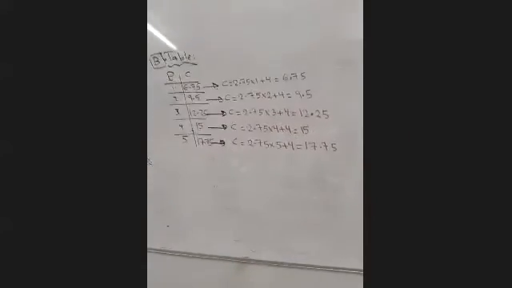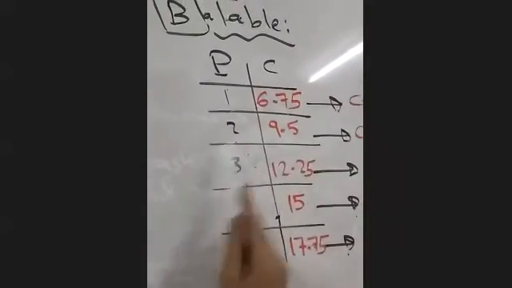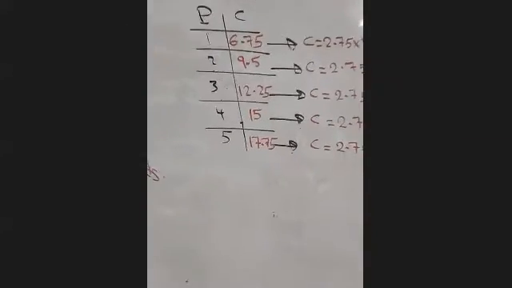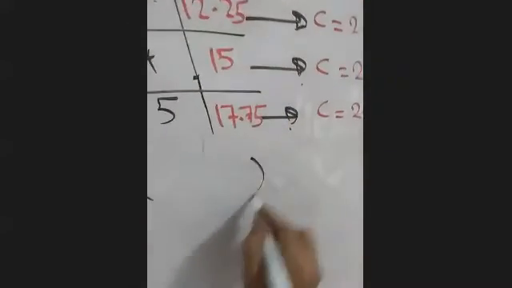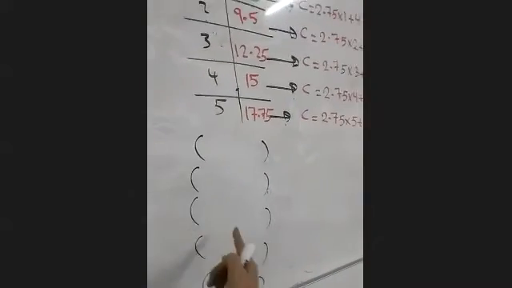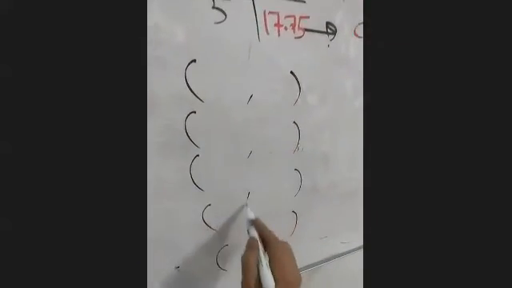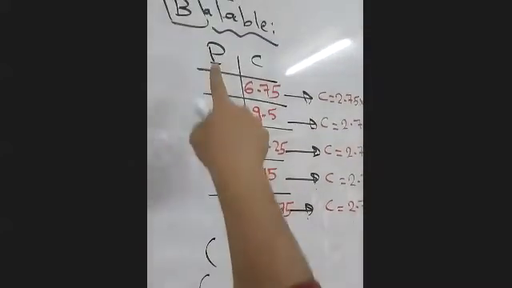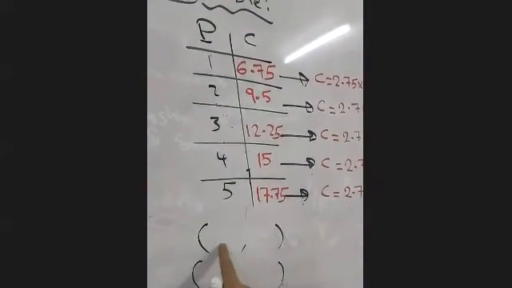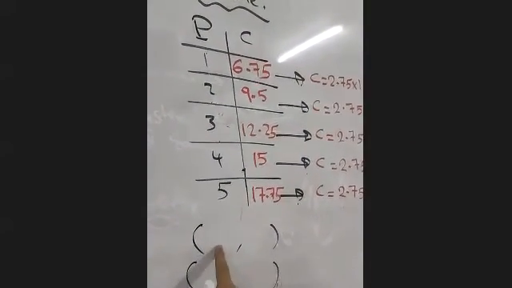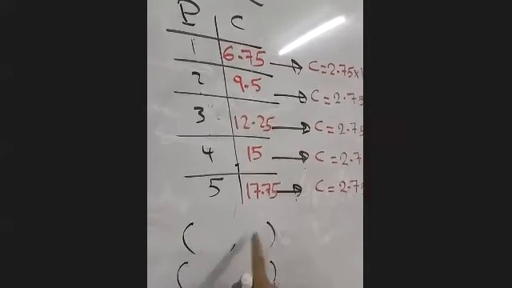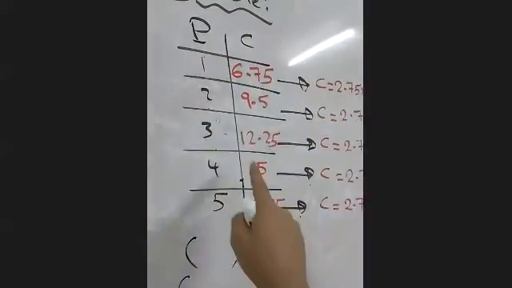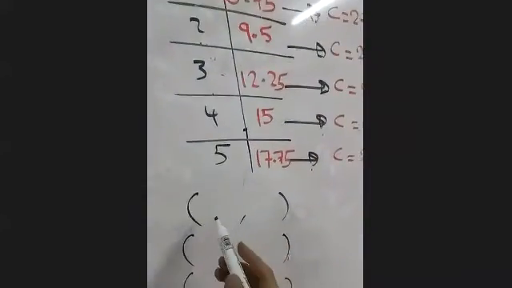Now, the ordered pairs from the table, because we have 5 values, I need to have 5 ordered pairs, which are 1, 2, 3, 4, 5. And each ordered pair contains 2 values. P, the first one should always be the independent variable, X then Y, not Y then X, don't forget that. And C, so 1 with 6.75.